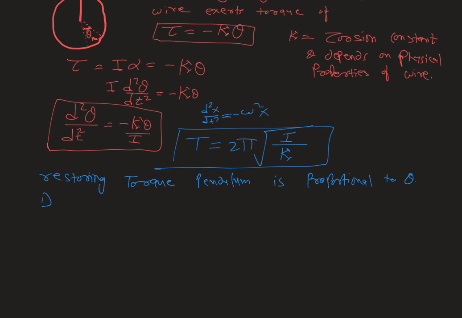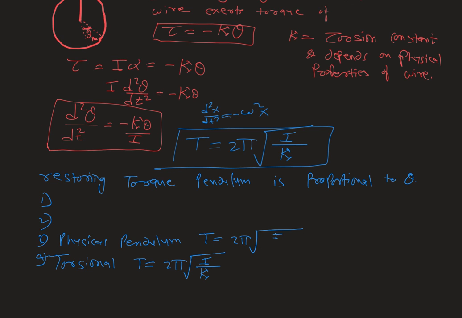So 4 types of things we have learned for the pendulum. The last one is the torsion pendulum, right? For the torsion pendulum, we have T equals 2 pi square root I over kappa, which is the torsion constant. For a physical pendulum, you can have T equals 2 pi square root I over mgr.